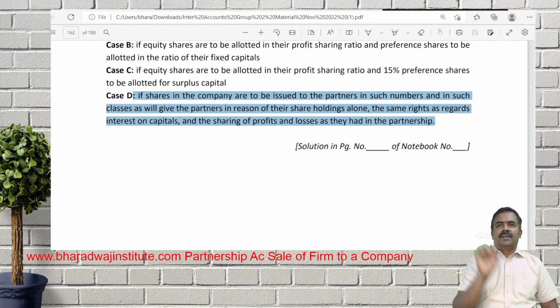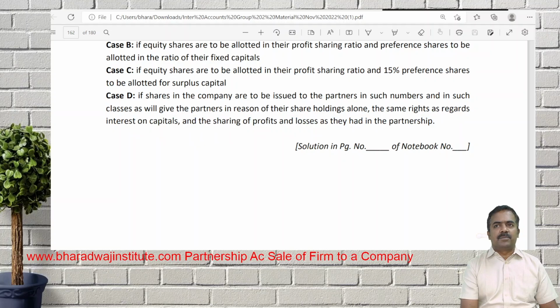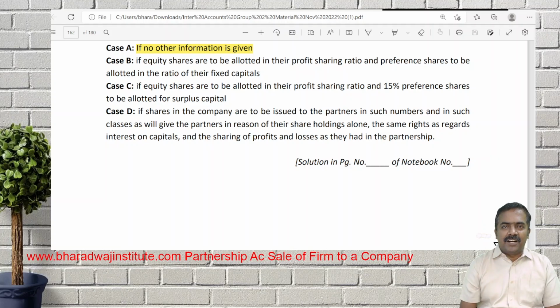ரொம்ப simple. Partners' existing rates should continue. Existing rates should continue. Okay. Same rates as interest on capital and sharing of profit and losses they had in the partnership. What is the meaning? என்ன பேசிஸ்ல ஷேர் டிஸ்ட்ரிபியூட் பண்ண சொல்லிருக்கான்?